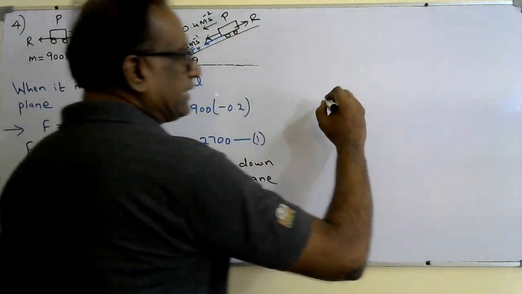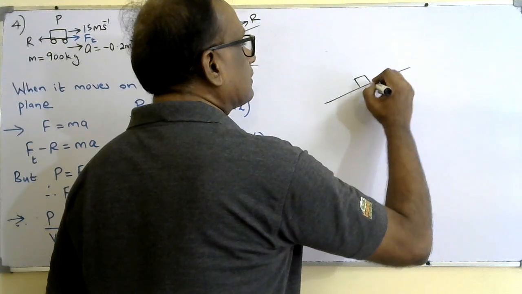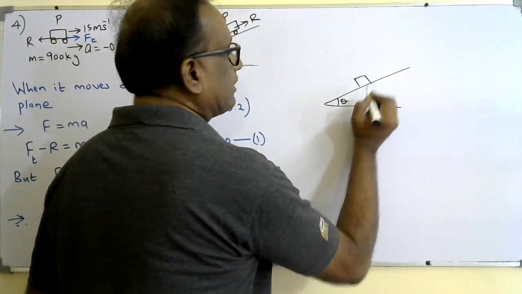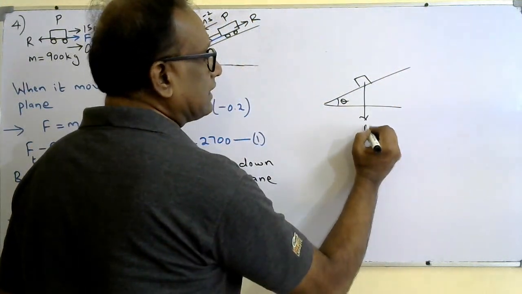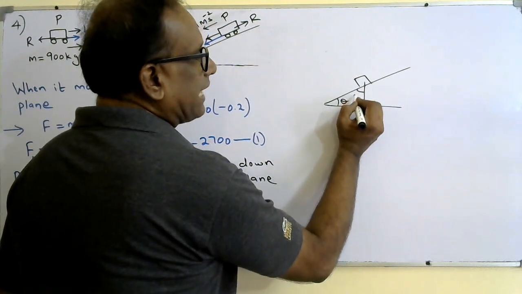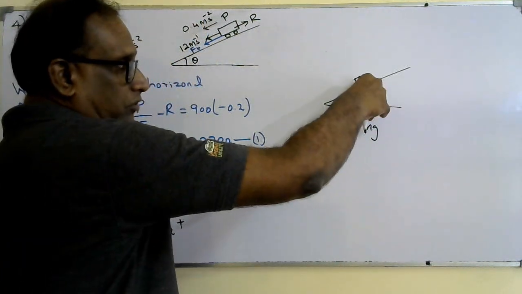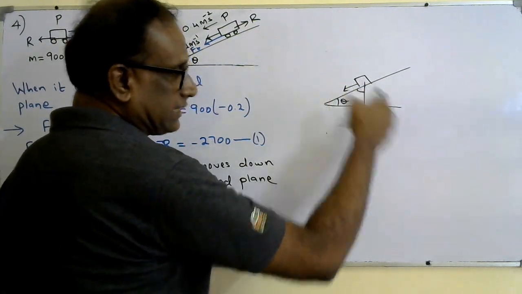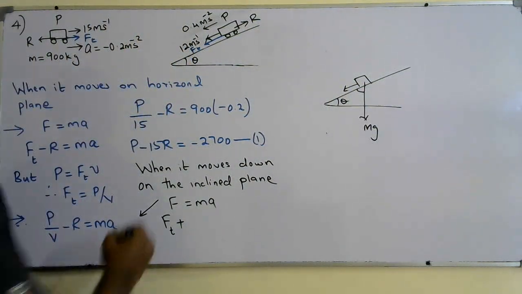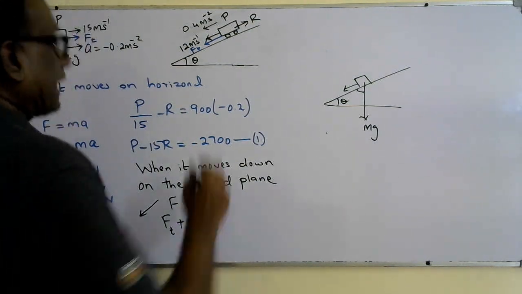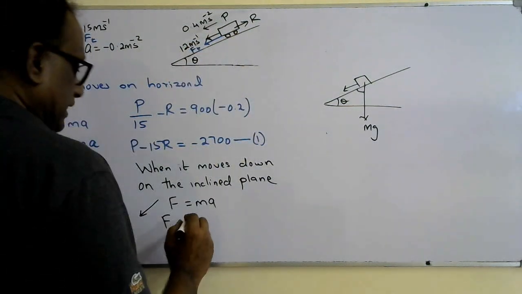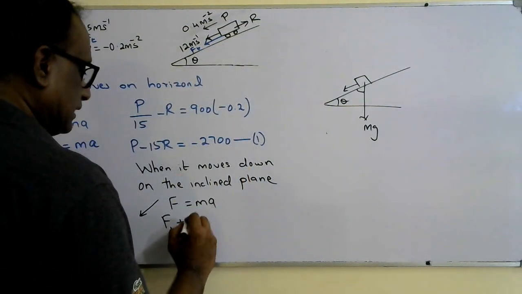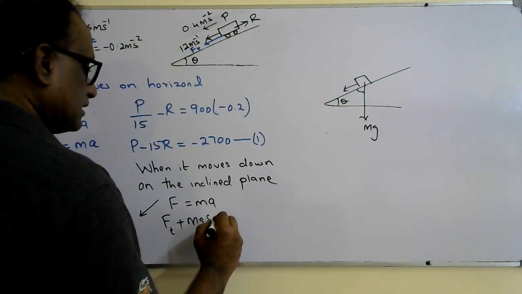So on an inclined plane, if you keep an object and the angle is theta, the weight is acting vertically down, mg. This angle is 90 minus theta. The component of the weight along the plane down is mg cos(90 minus theta), that is mg sine theta. So that is FT plus mg sine theta.